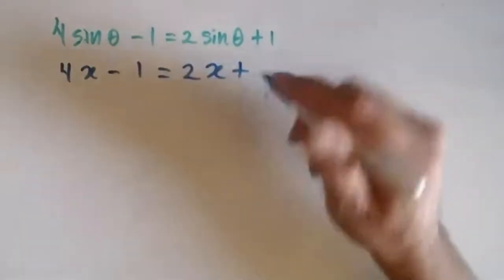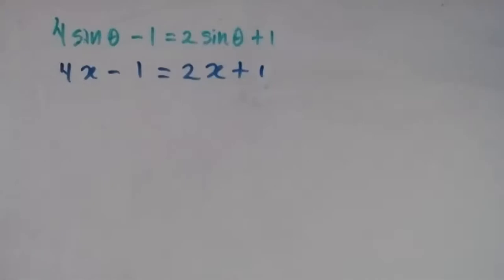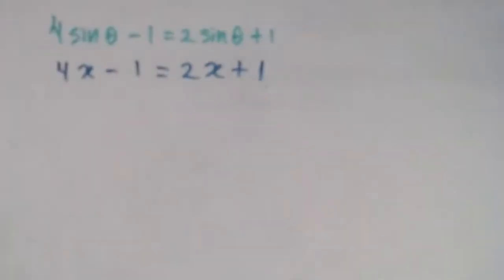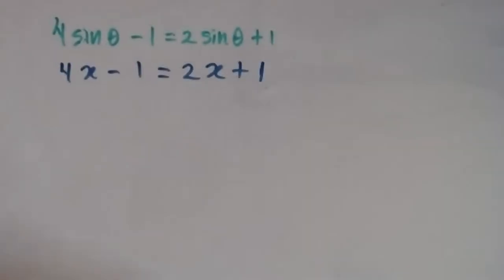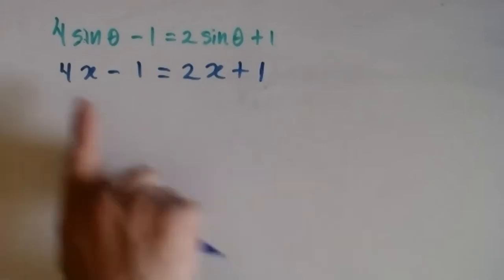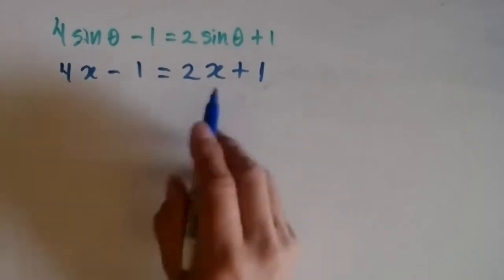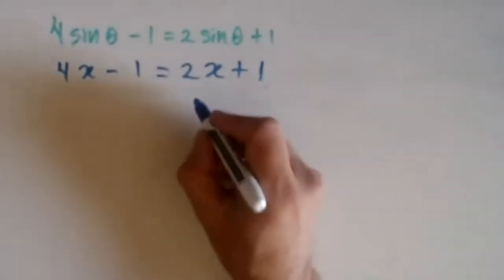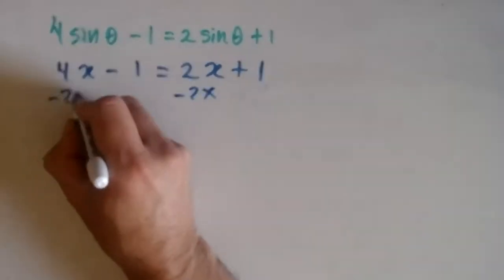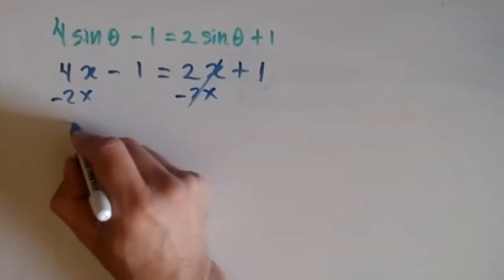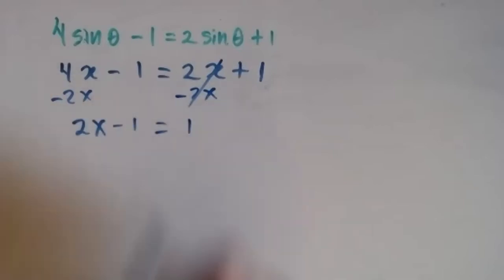So we visualize this in our brains, that sine theta is a variable, so we change it by an x. And then this is something that an 8th grader can solve easily. We solve this equation. So we subtract 2x here, cancel, 2x minus 1 equals 1.